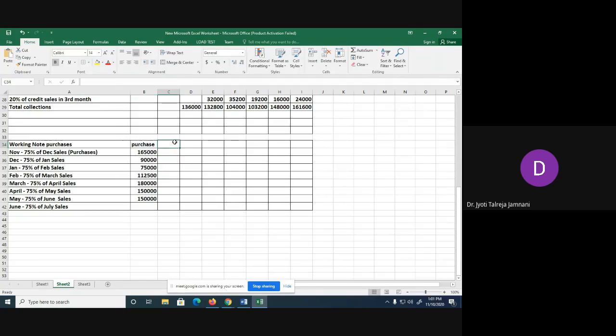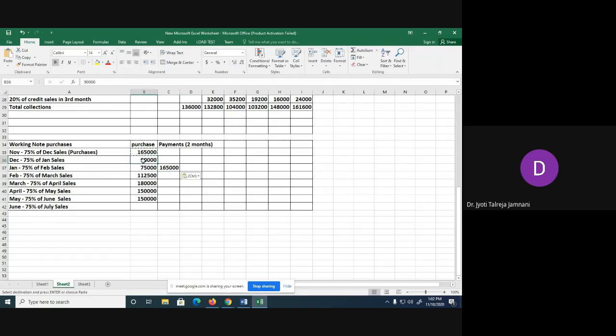So here I am writing payments and in brackets 2 months because we have to pay 2 months later. So whatever I have purchased in November, I will leave November, December, and I will pay it in January.